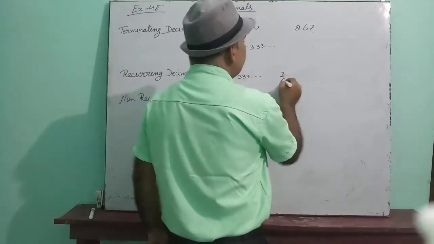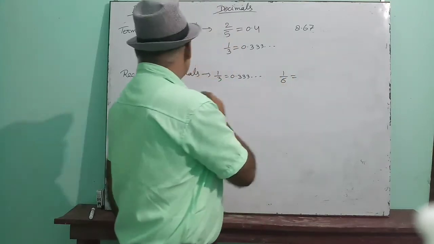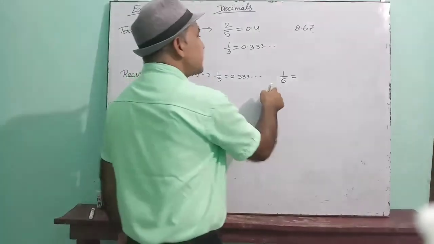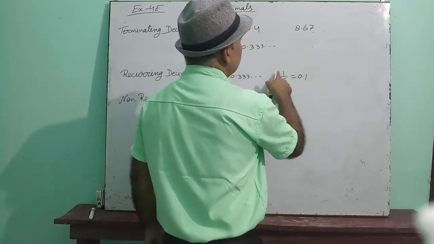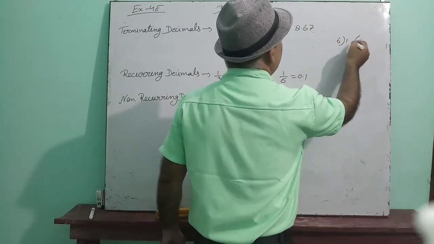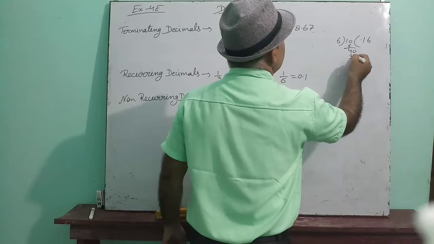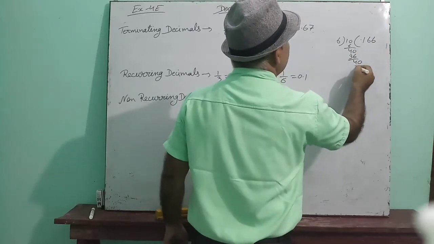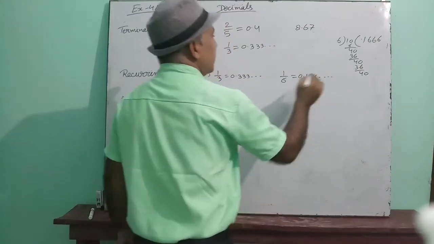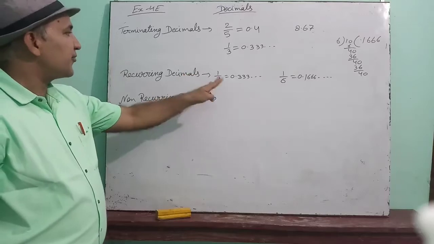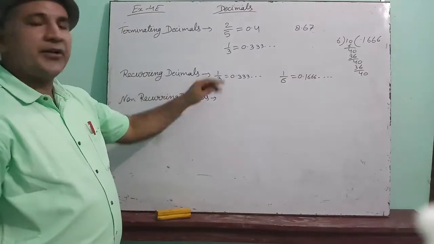Similarly, suppose you are dividing 1 by 6. 1 by 6 is a recurring decimal because when 6 divides 1, by putting decimal it will increase 0. 6 into 1 is 6, 0. 6 into 6, 36, 4, 0. And so on. That means it will repeat. If after the decimal some digits are repeating, that will be called a recurring decimal.